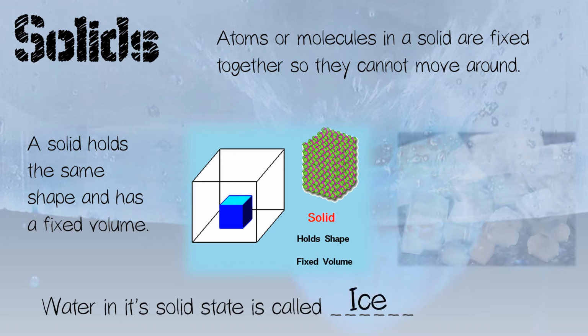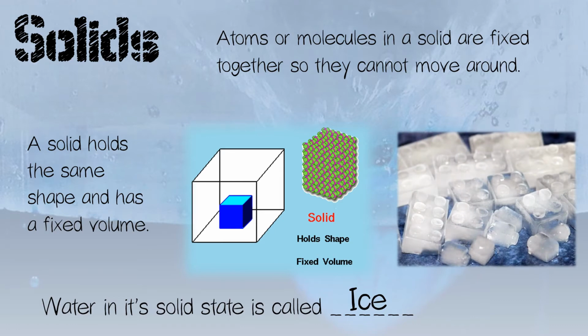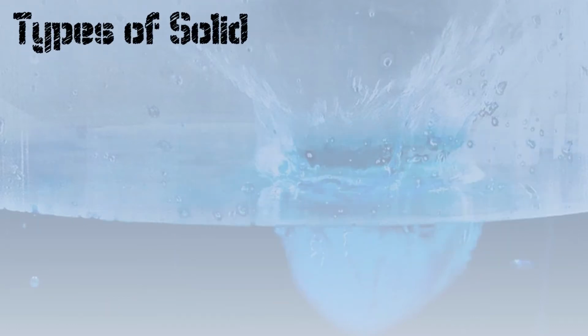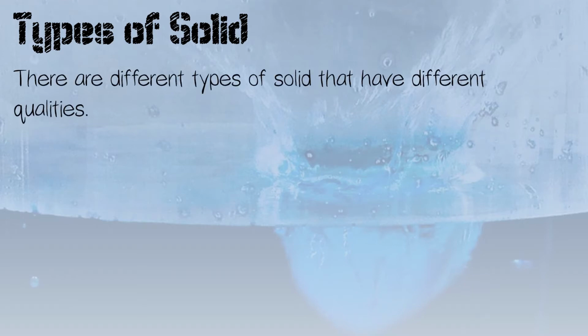As you get further into chemistry, you will find there are many different types of solid and these have different chemical qualities. For today, I'm just going to mention some of the names and examples, but that's where we're going to leave it.